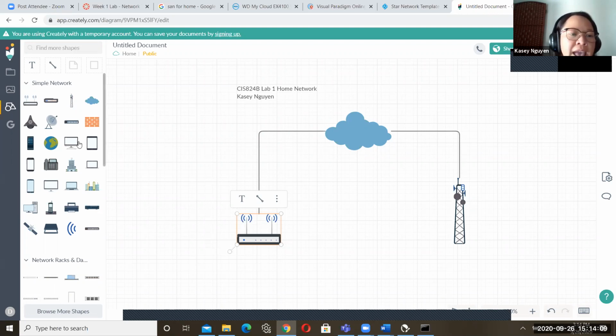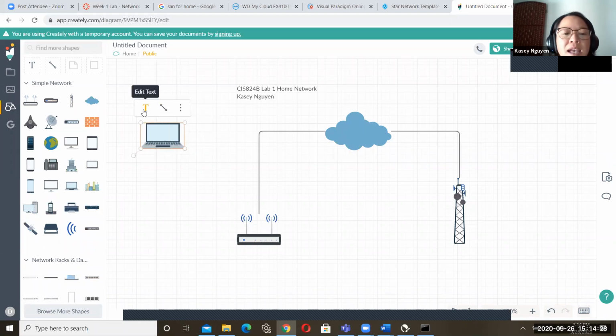So let's say that I'm going to add a notebook. Just drag it on here, and you can size it from the corner like this. Just hold down your mouse button and then drag it left or right to size it. And then if you want to label it, we would always want to label it, either putting IP addresses or computer name.